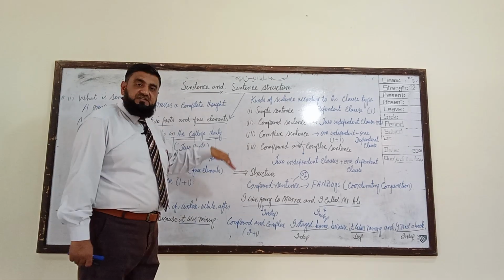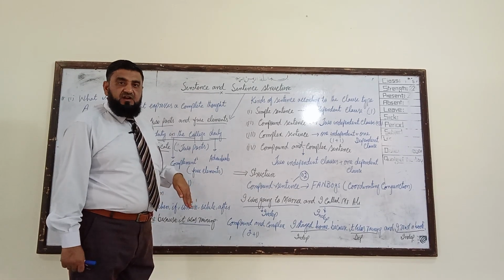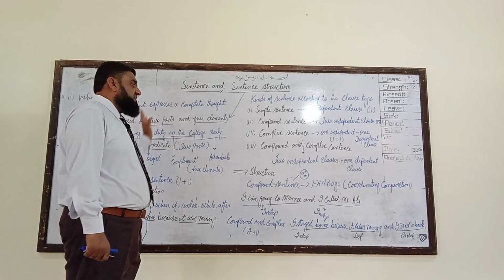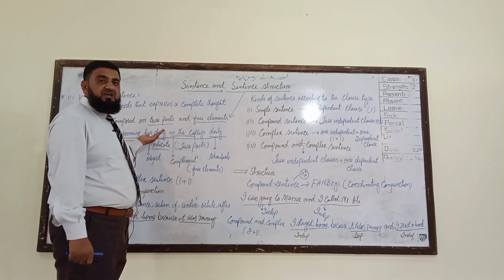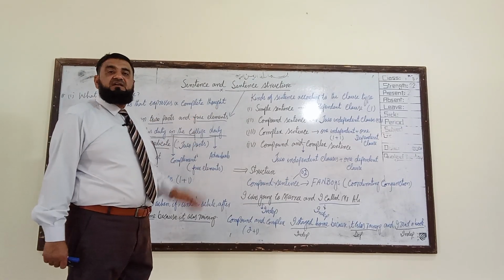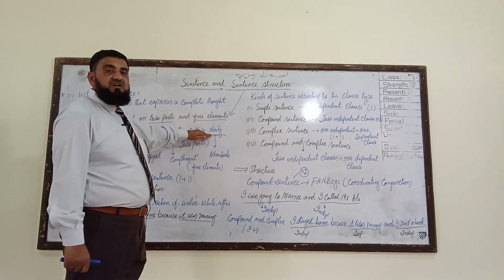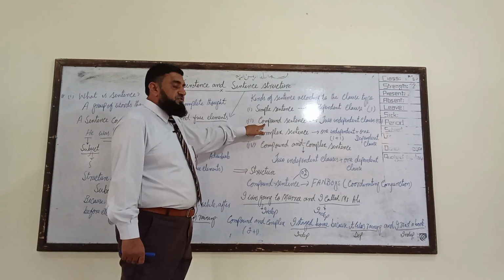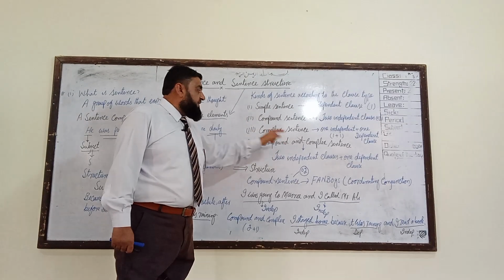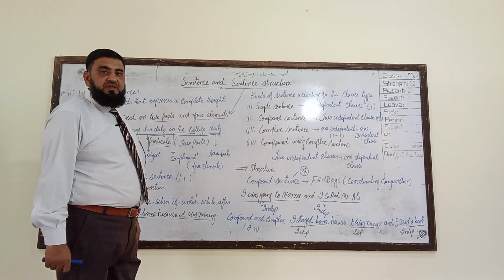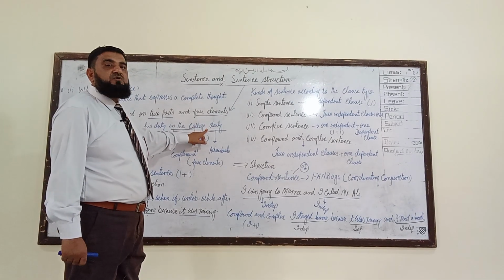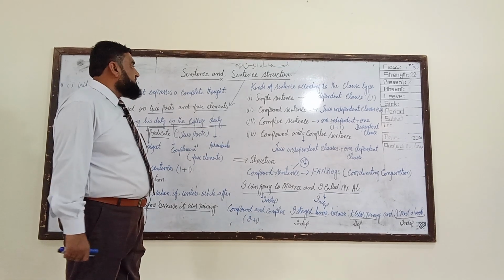It can be fewer: 3, 2 or 4 elements can come, but not more than 5. If you go beyond 5, the sentence will shift towards a compound sentence, complex sentence, or compound and complex sentence. So keep in mind, that is important: a sentence is composed of only 5 elements.